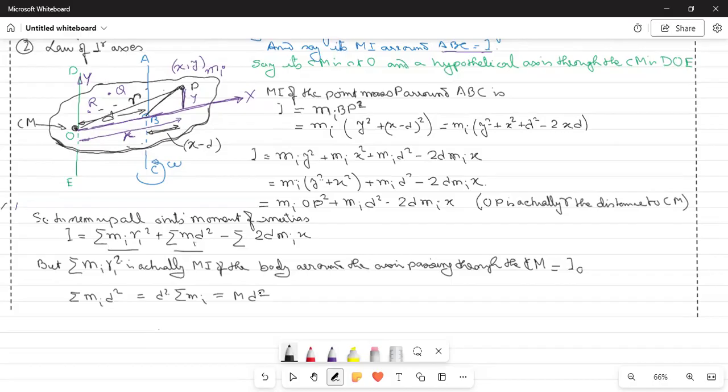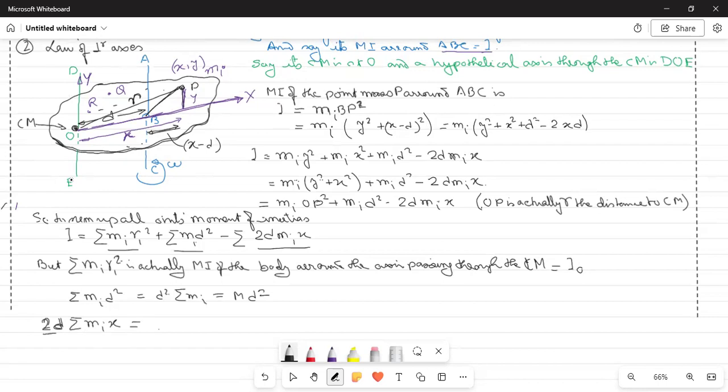I have a third item, which is Σ 2d mi x. Since d is a constant, we have to write it this way. 2d goes outside, 2d Σ mi x. What is this item? 2d is a constant, so forget this. Σ mi x, x is the abscissa of the point from the axis passing through the center of mass.